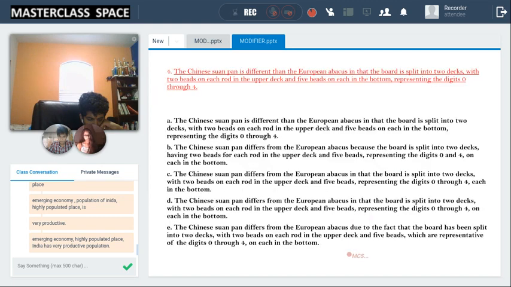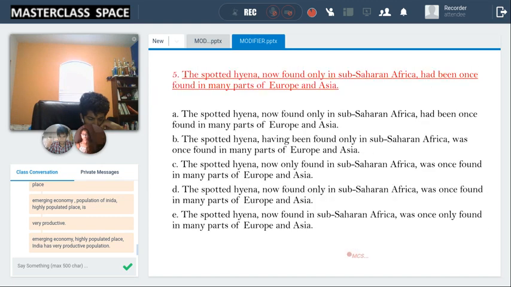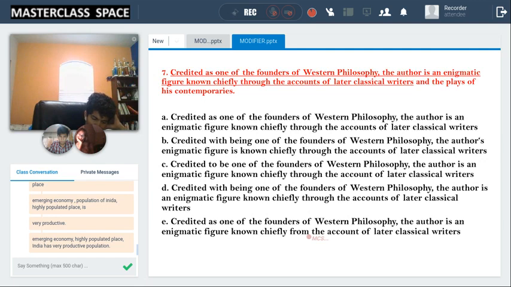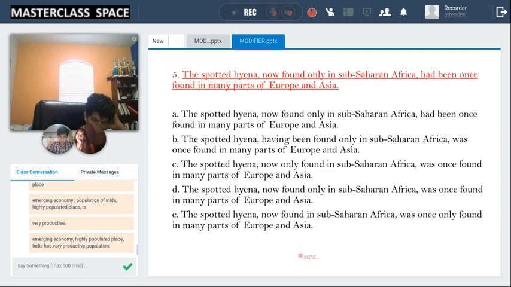Let me give you one more. Now, look at this part. Can you read it again? "The spotted hyena, now found only in sub-Saharan Africa, had once been found in many parts of Europe and Asia." Correct.